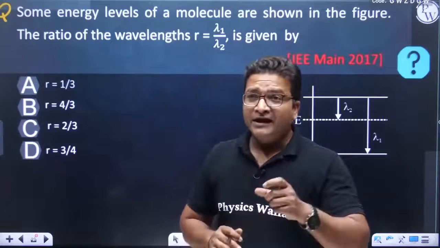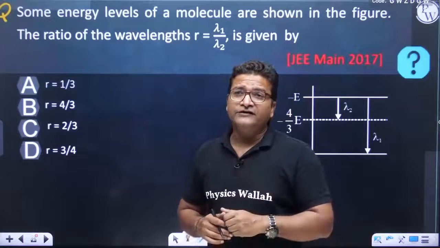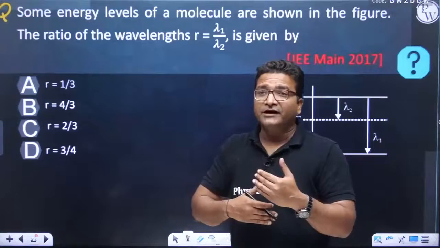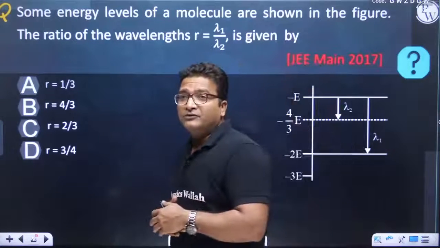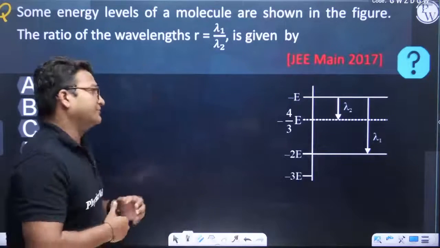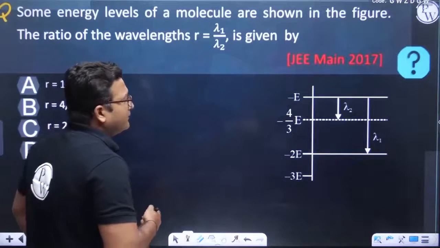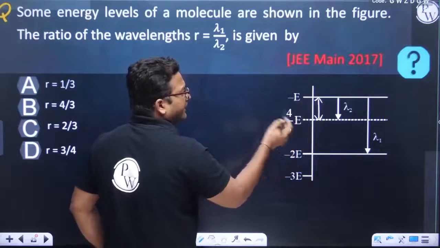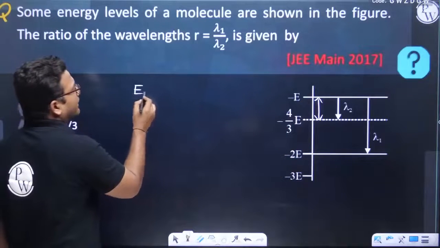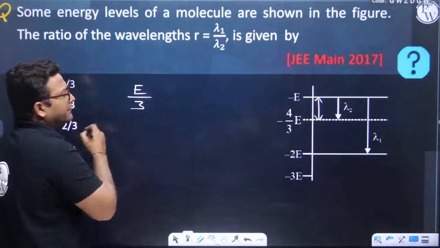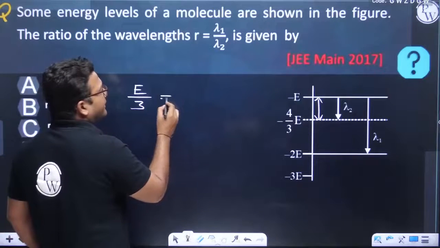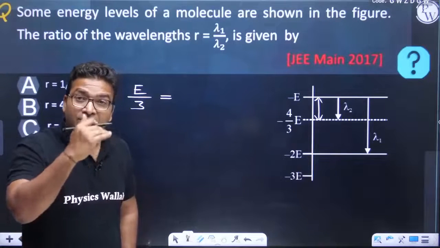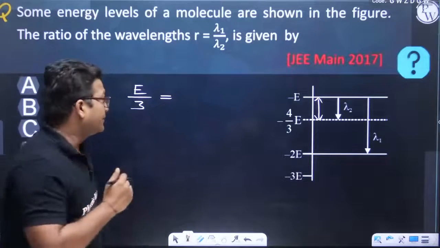In this question they say, some energy levels of molecules are shown in the figure. The ratio of the wavelengths lambda 1 by lambda 2 is given by, okay, let us see. As you know, the difference of these two energies is simply E by 3. I think you all can see the difference is E by 3, and this E by 3 is equivalent to a photon of wavelength lambda 2.